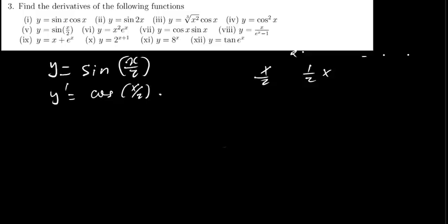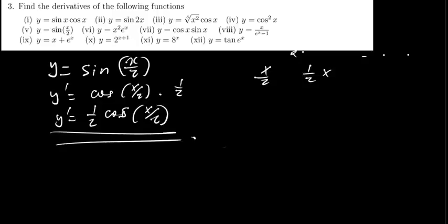Now the derivative of this is just half. So the final answer becomes 1 over 2 cos x over 2. It ends there.